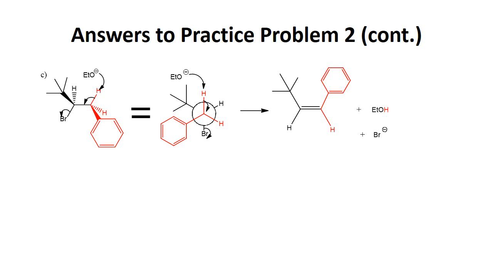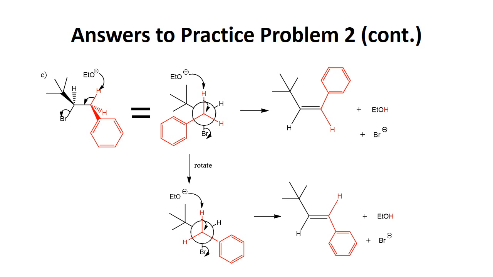But we can also use the other hydrogen, that's beta, rotate that hydrogen in position so that it is anti-periplanar to the bromine. This puts the tert-butyl group and the benzene ring across from each other, and thus trans in the final product. So in part C, we actually have two possible alkene products, one which is cis and the other which is trans.